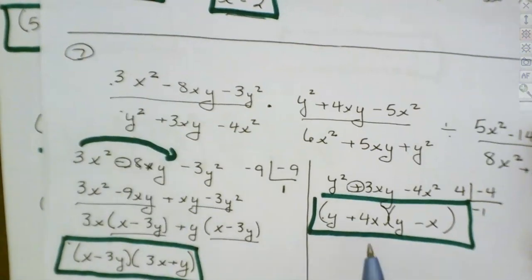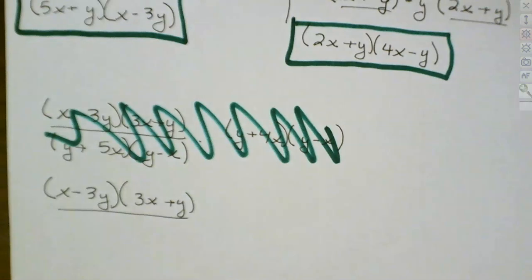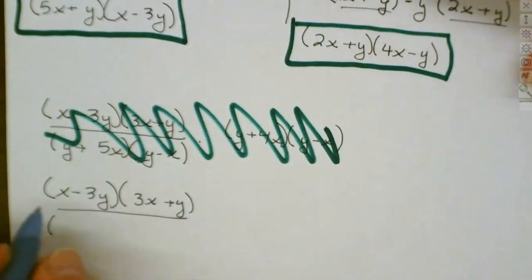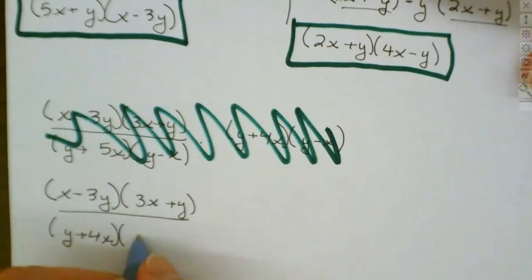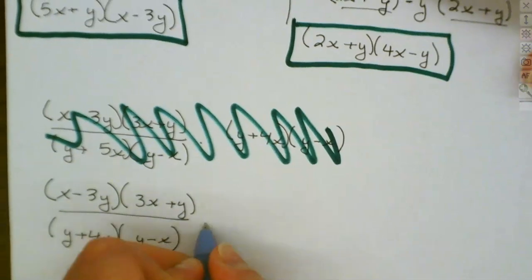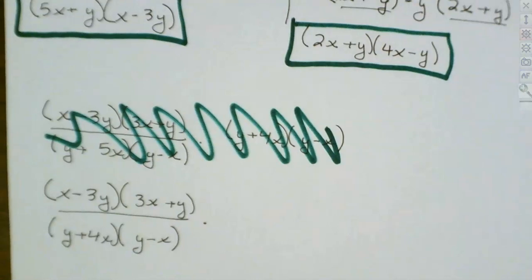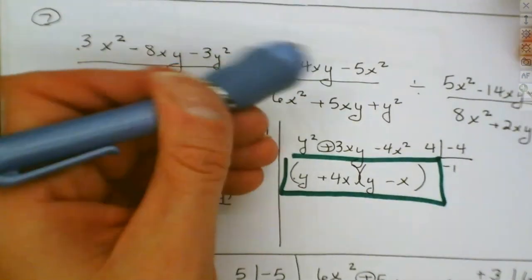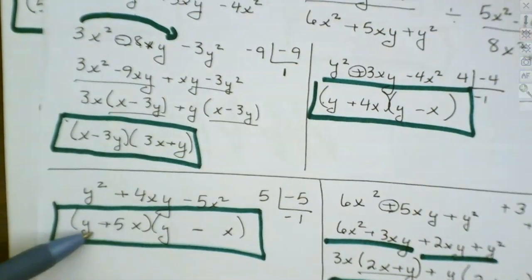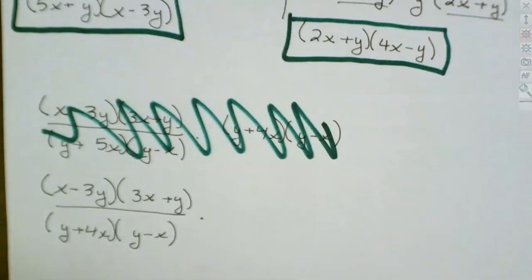Okay, this factored into that. So down below it, we have a y plus 4x and a y minus x. So that takes care of that. Okay. Next, y squared plus 4xy minus 5x squared, that is that. Okay, so that's going here.